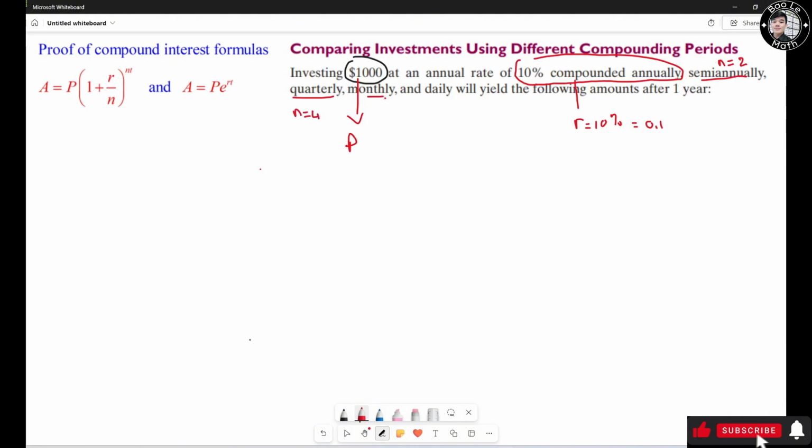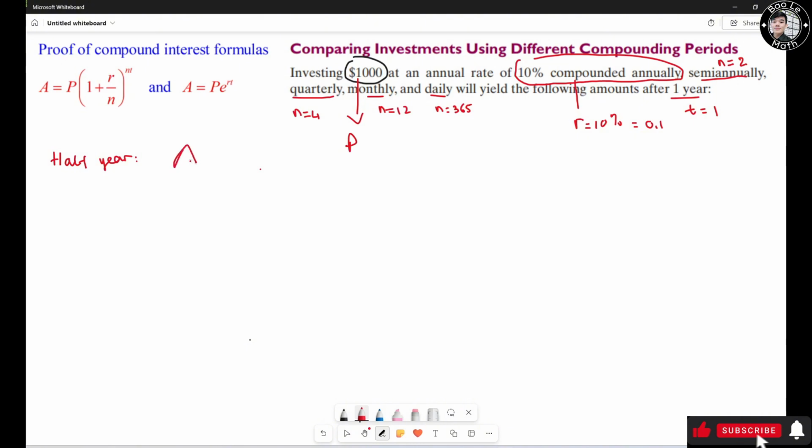Monthly, 1 year has 12 months, so n equals 12. Daily, 1 year has 365 days, so n equals 365. Now t equals 1 year. Now we just apply the formula. The first one is semi-annually, which means half a year.